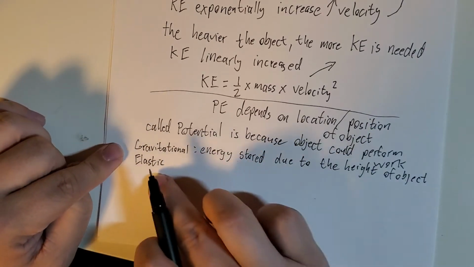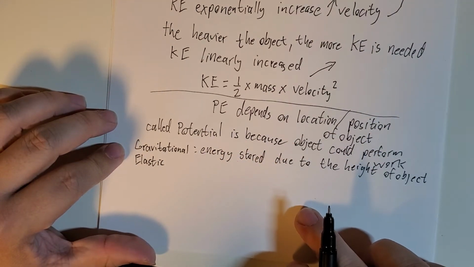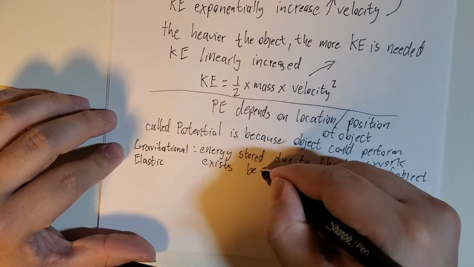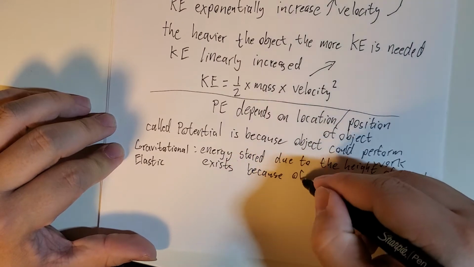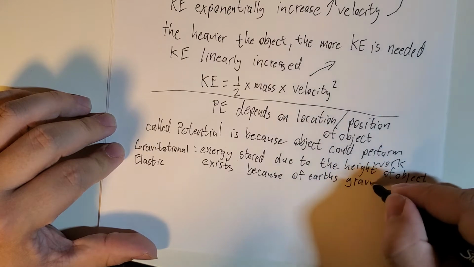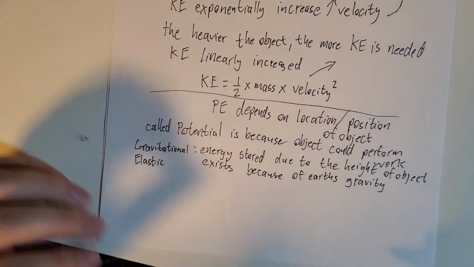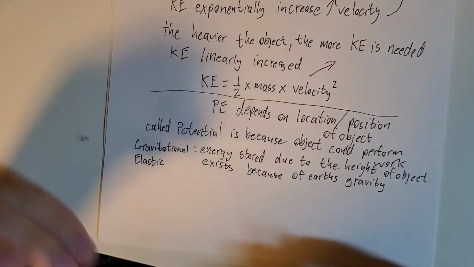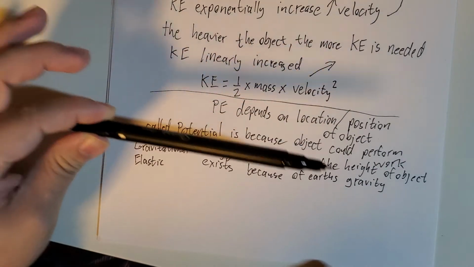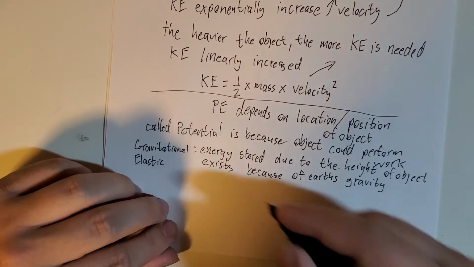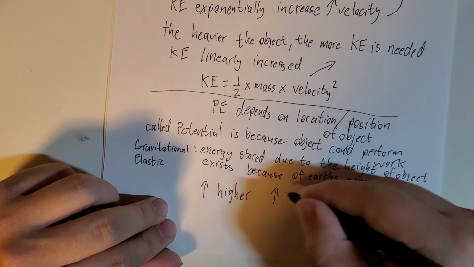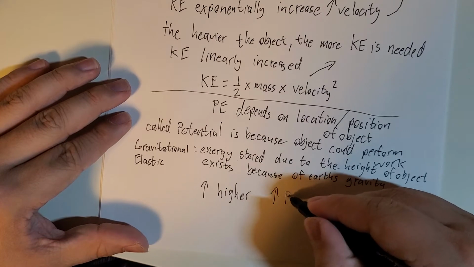This gravitational potential energy exists because of the Earth's gravity. If the object is lifted up and then released, it accelerates down to the surface. So the higher the object, the more potential, the further you've got to go, so the more potential energy you've got.